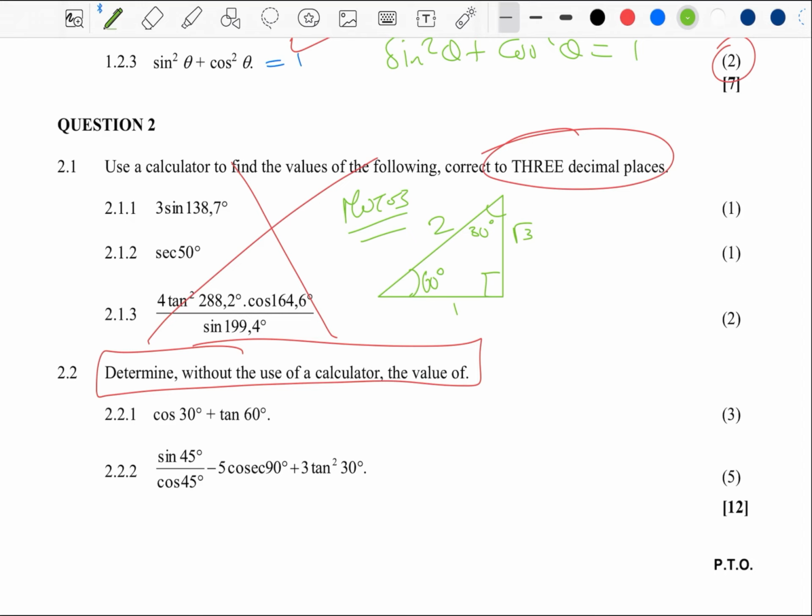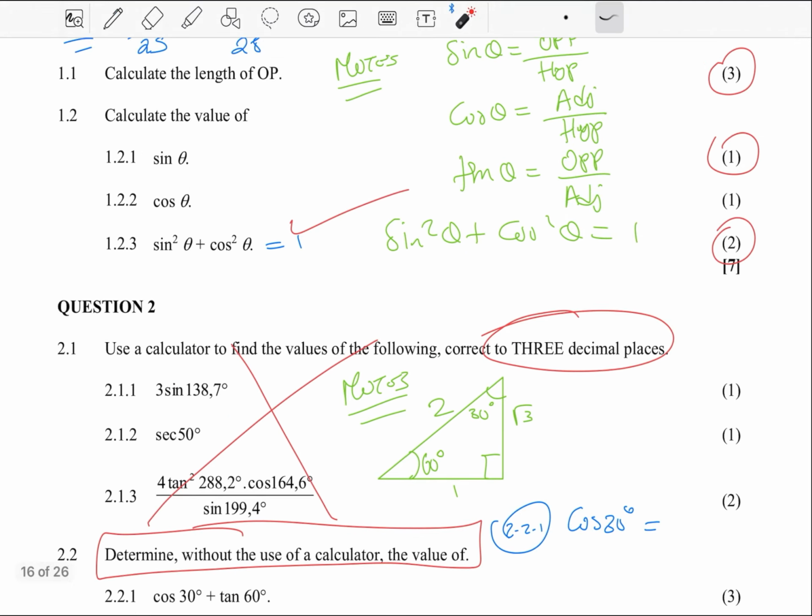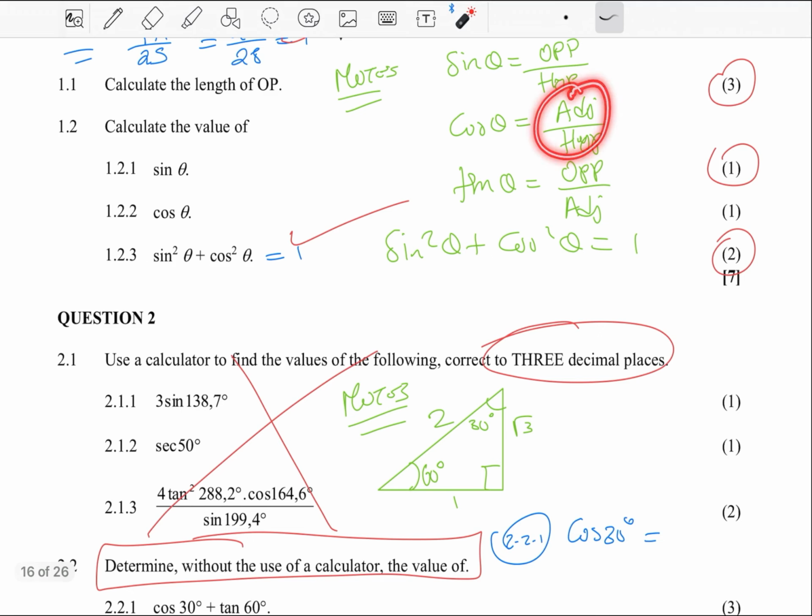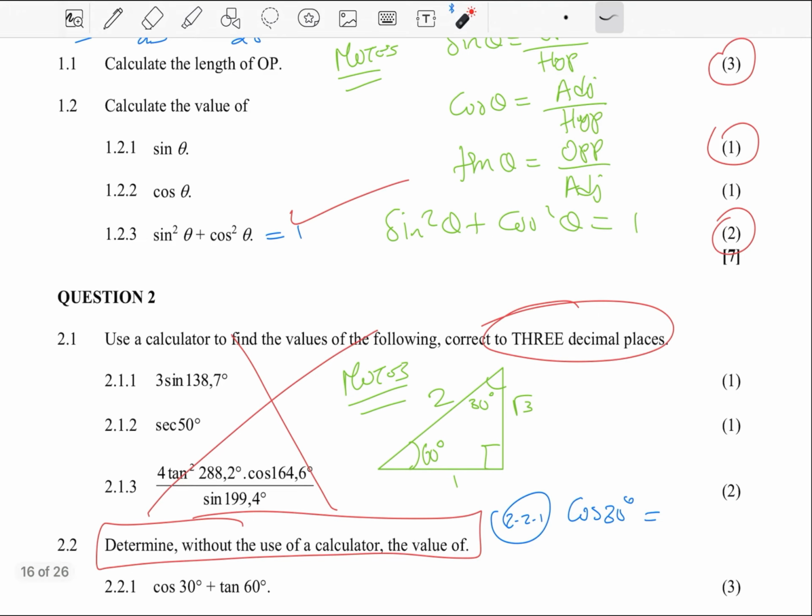Right, now to find cos theta, let's go to 2.2.1, cos 30 degrees, right? We know that cos is equal to adjacent over hypotenuse. So 30 is this angle here. The adjacent side of 30 is this side here, which is root 3, over the hypotenuse, which is 2.